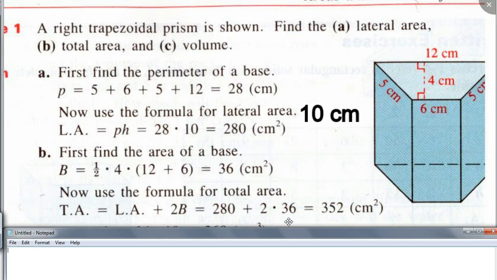And of course, to find the volume, because we just found the area of the base, it's easy to find the volume. Isn't that right? So to find the volume, what do we do? How about Joshua Park? Joshua Park? How do you find the volume?